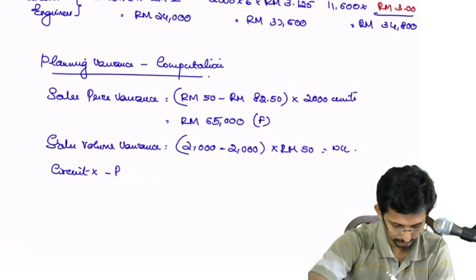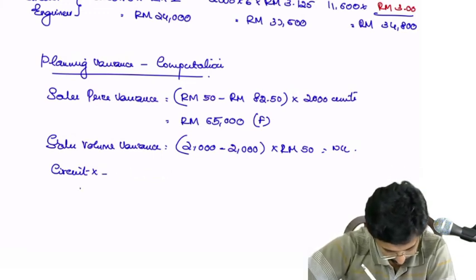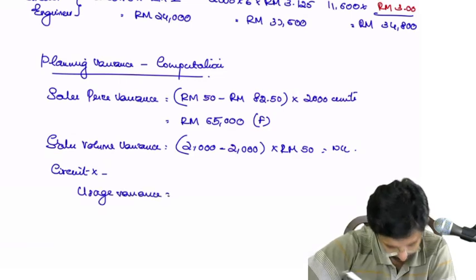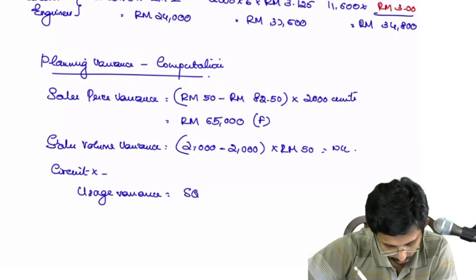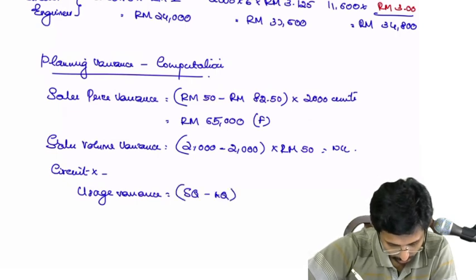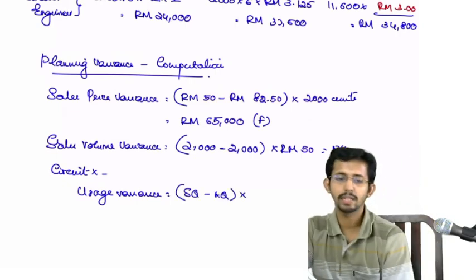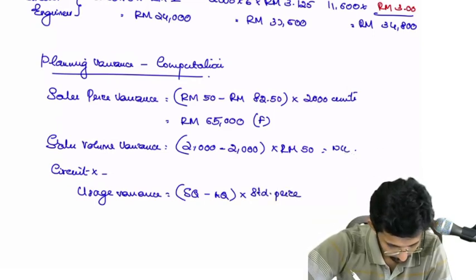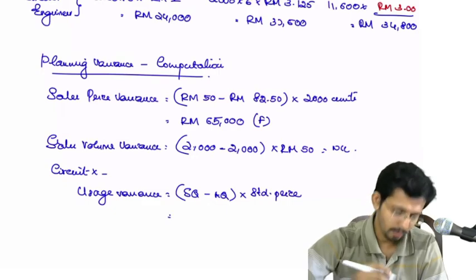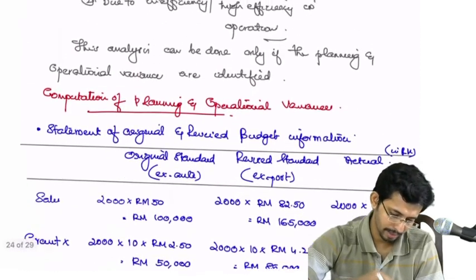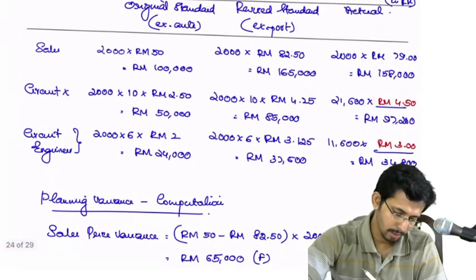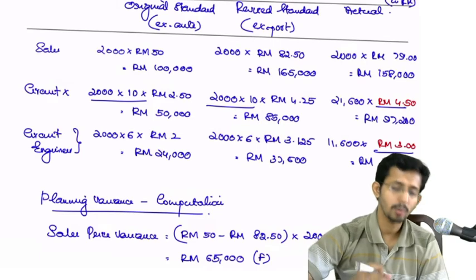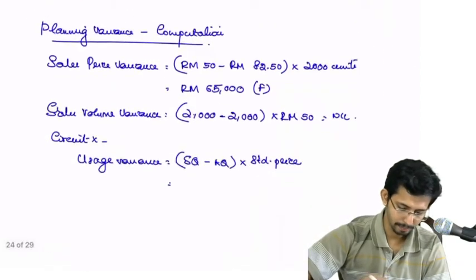First we will write usage variance. Standard quantity minus actual quantity into standard price. Standard quantity for actual production is how much? 2000 into 10. Here also 2000 into 10. So original budget and revised budget, the total quantity consumed is one and the same.